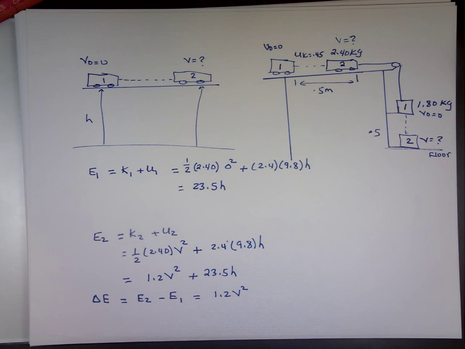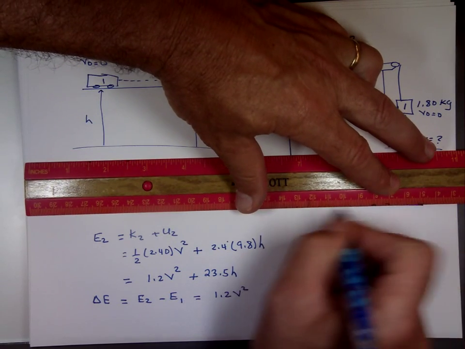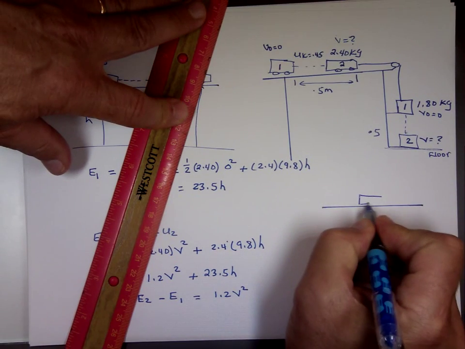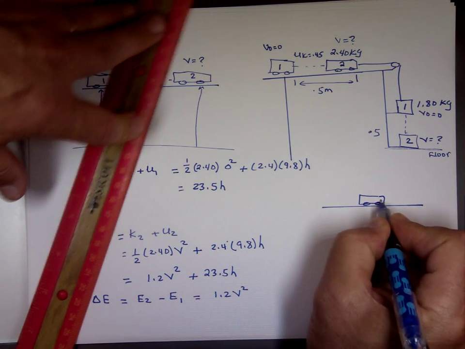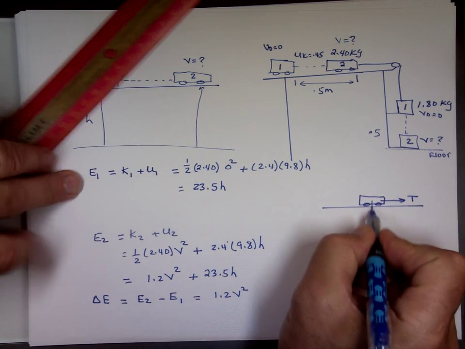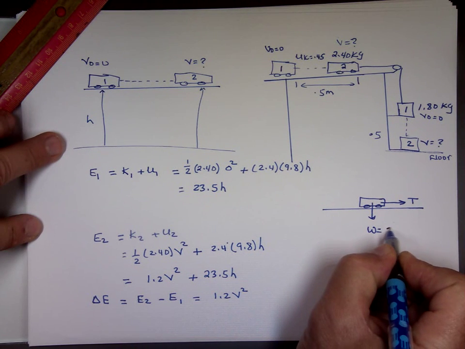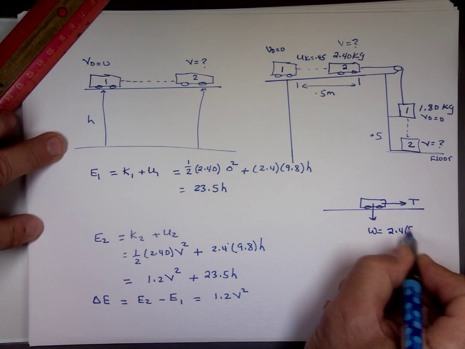Let's look at that glider on the top. Let's find where that friction force is. We get the string pulling in that direction. That's T. We get the weight down, which is mass times gravity, 2.4 times 9.8, and that's 23.5.